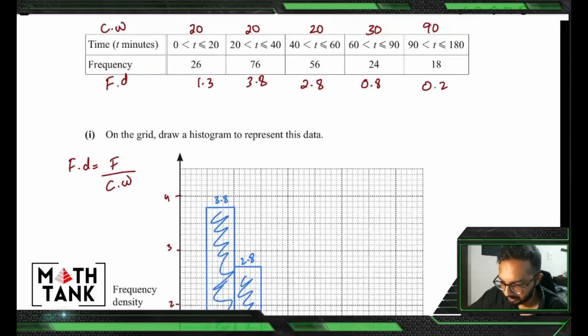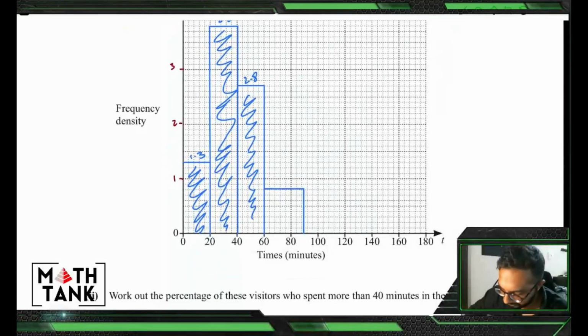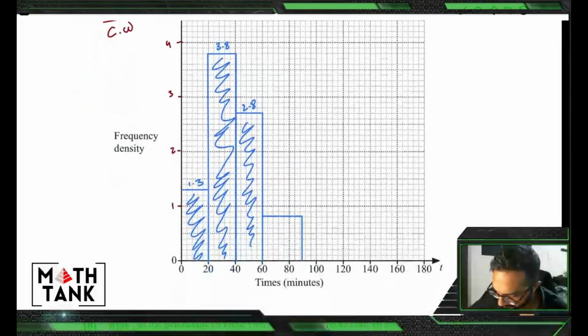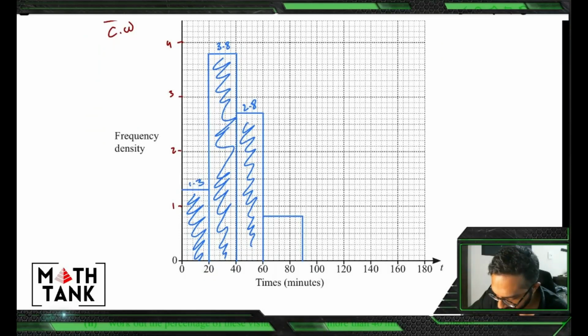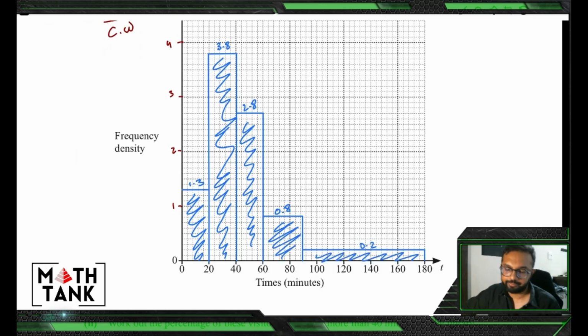And then 90 to 180 is just 0.2. It's a very long sort of width. 0.2, 0.8. Okay, so that completes my histogram.